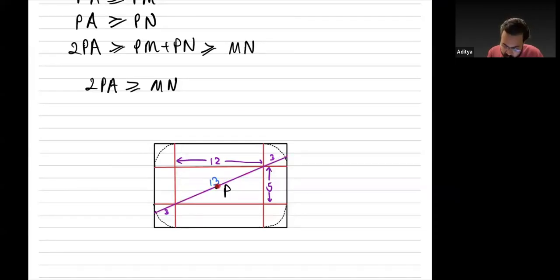Because from point P to this corner, it will be 6.5 centimeters. And from this point, if you extend that line to the circumference, let's call this A and let's call this B. PA equal to PB equal to 6.5 plus 3, which is equal to 9.5.